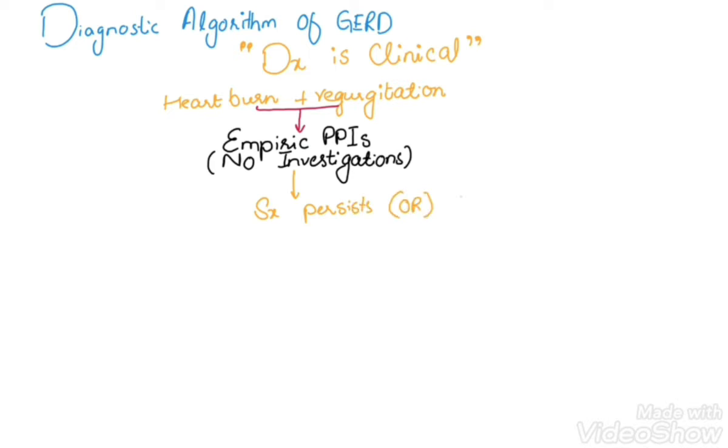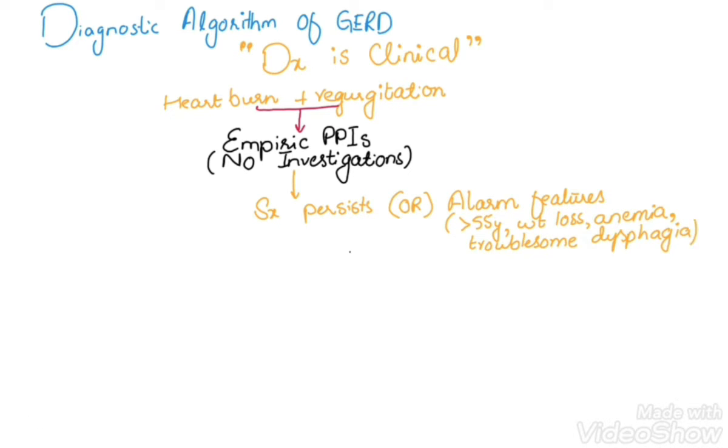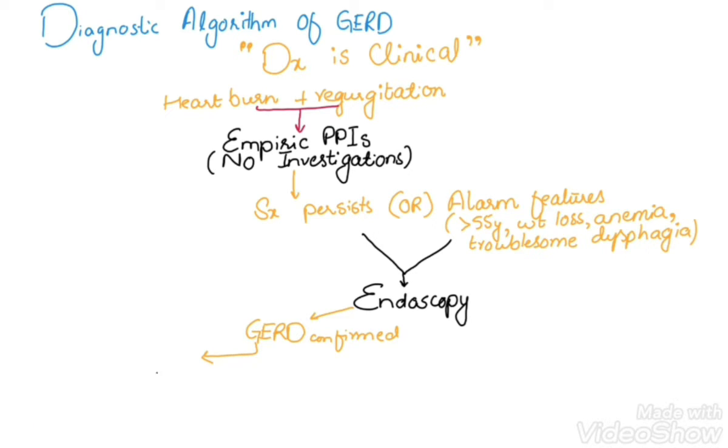But if his symptoms persist or he has alarm features that indicate complications of GERD like carcinoma, such as increased age, weight loss, anemia, and troublesome dysphagia, only then we move on to endoscopy. In endoscopy, either we confirm GERD all at once, or the diagnosis won't be certain.